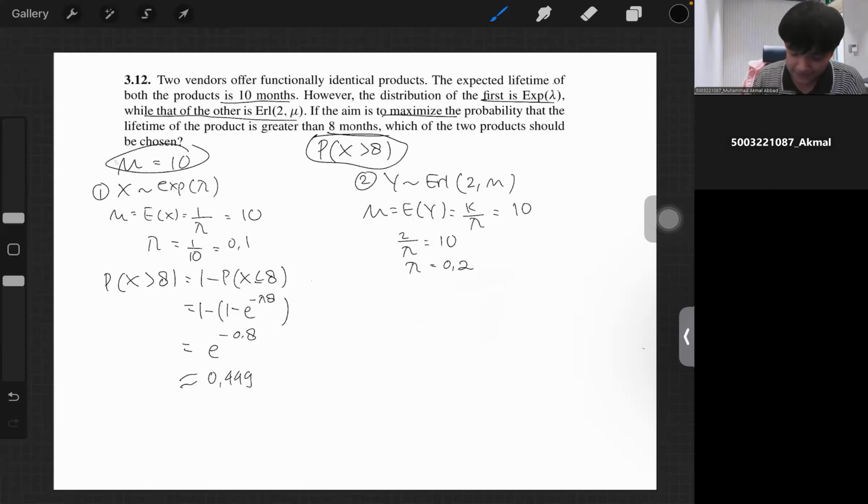After that, we can also calculate the probability that the lifetime is greater than 8, which is 1 minus the probability that the lifetime is less than or equal to 8.